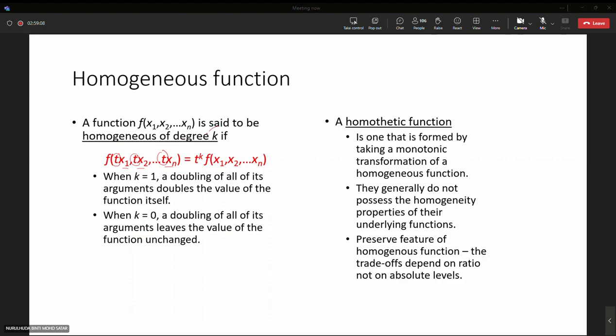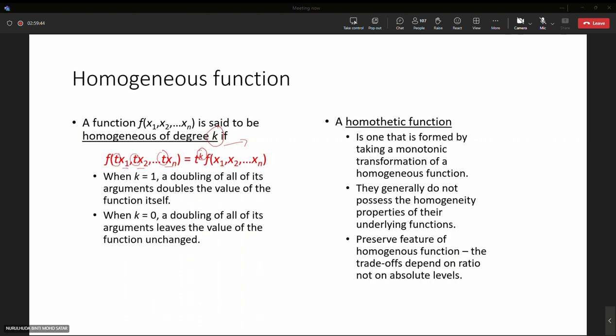So it can be homogeneous of some degree; k can take some value, 0, 1, 2 maybe. What is important here is that if we multiply all the arguments by t, then the function itself increases by t to the power k. If k equals 1, doubling all of the arguments doubles the value of the function itself.